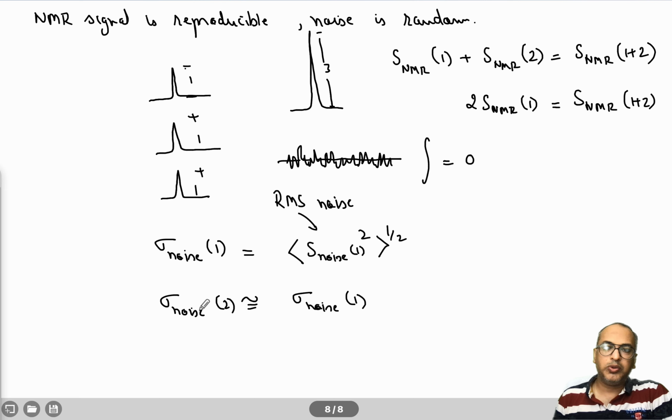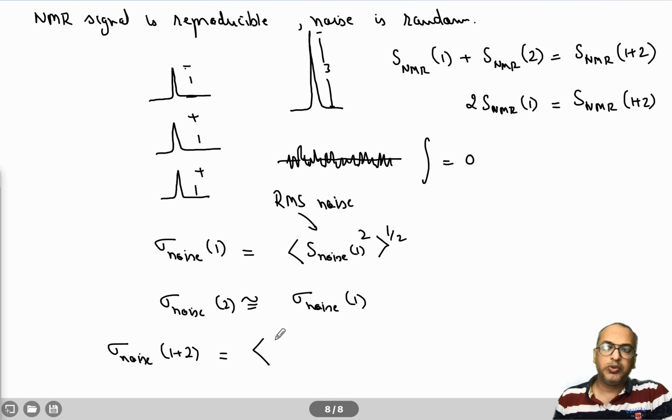So now let's see if we calculate the root mean square noise which results from summing two different experiments. If you carry out the summation of noise over two experiments, it doesn't go simply as sigma noise 1 plus sigma noise 2. It actually goes like this.